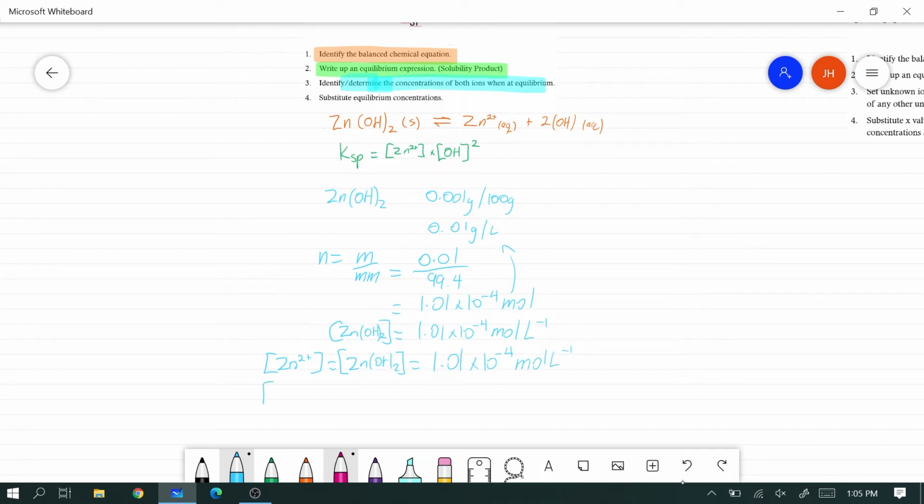And the concentration of hydroxide is going to be double the concentration of zinc hydroxide. And that's got to do with our empirical formula and our ratios. So that's going to be equal to 2.02 times 10 to the -4 moles per litre.